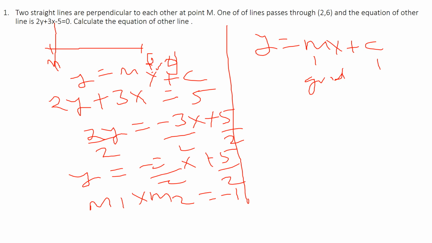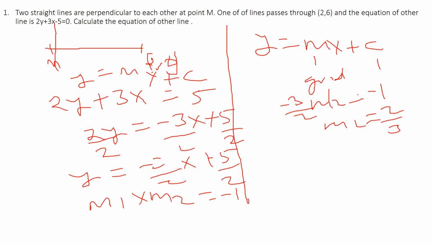So my gradient 1 is -3/2, then multiplied by m2 should give me -1. So simply my gradient 2 will be 2/3. It's just like the reciprocal of the first gradient, with the sign changed.